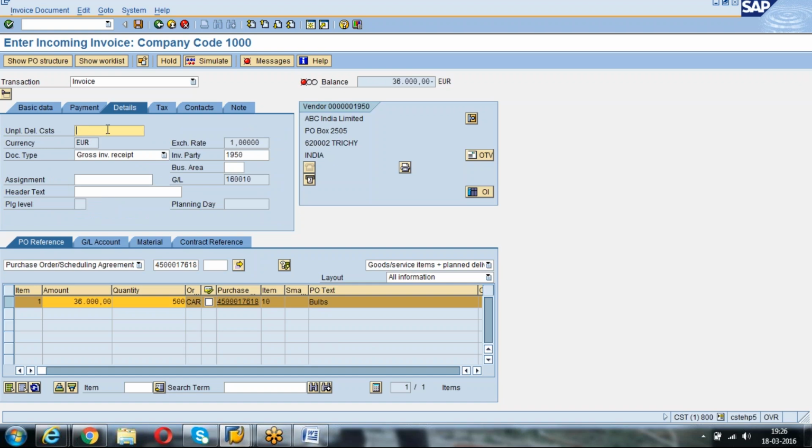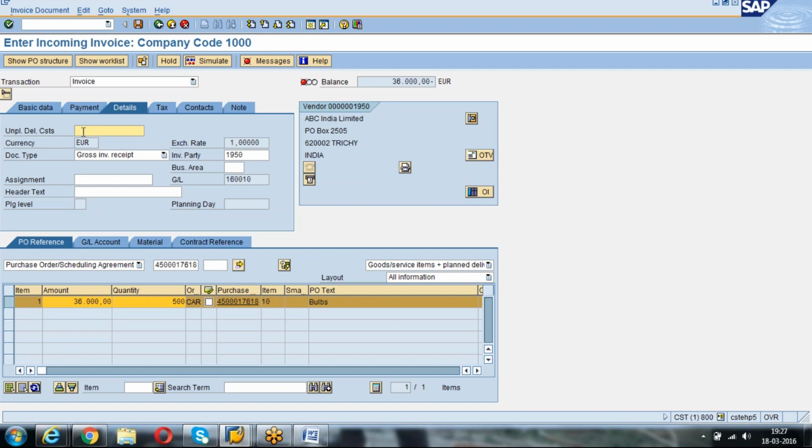When do you use this unplanned delivery cost? As I have explained, at the time of PO, the delivery cost as per the general expectation would have been decided as 1000 rupees as transportation charges. But during invoice verification, the vendor may give you 1500 because of some reasons the 500 was increased. That 500 we can give here.